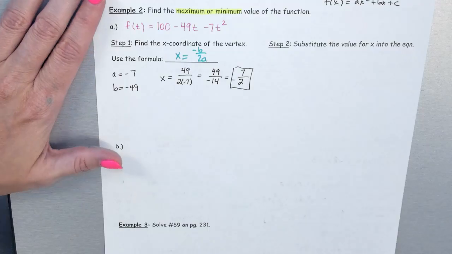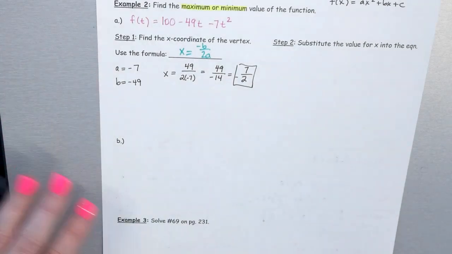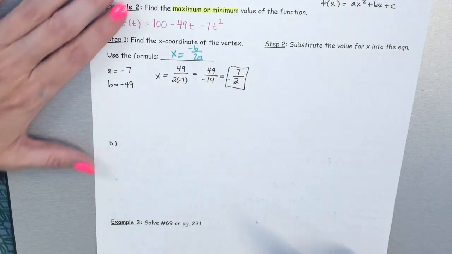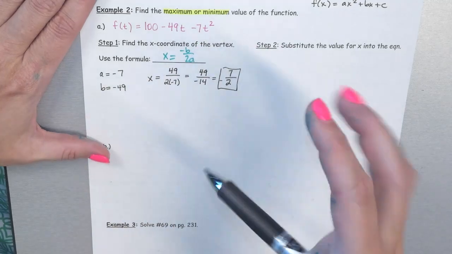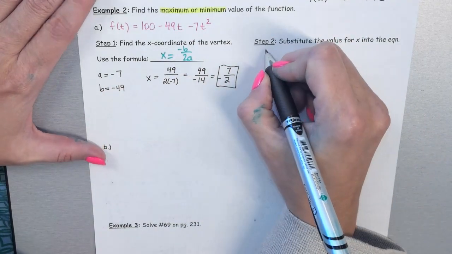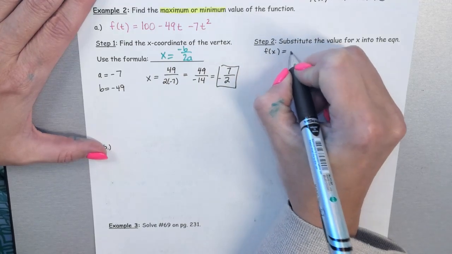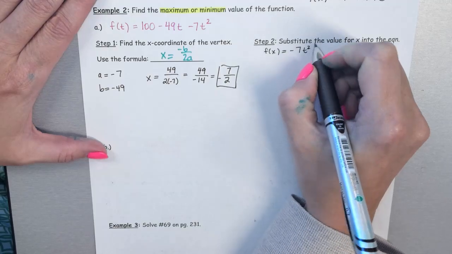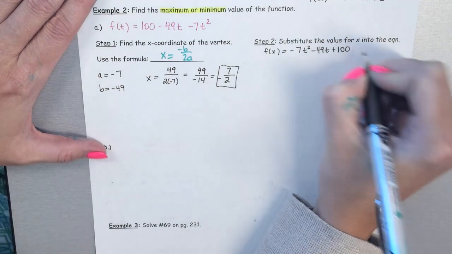Okay. And then if we're finding the max or min, we have the x value, now we need the y value. So we're going to substitute that in for x into our equation. And if you want, you can also write it in standard form. So you can think of it as f of x equals negative 7t squared minus 49t plus 100.